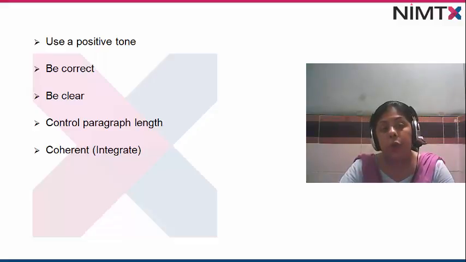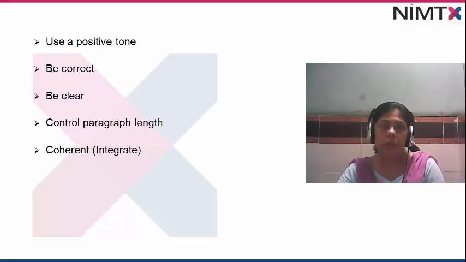Coherent integration, which means that you're writing the first paragraph with some details, and the second paragraph in that particular letter should be coherent, or integrated. The information should flow in sequence.